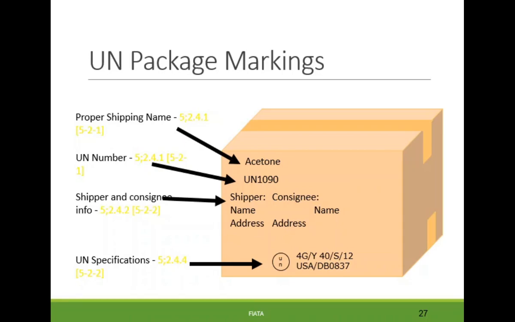It must have shipper's name and address, and also consignee's name and address. And at the bottom, the package marking should include United Nations specification marking. These markings, I believe your facilitator for dangerous goods will take you through it so that you know how to react.